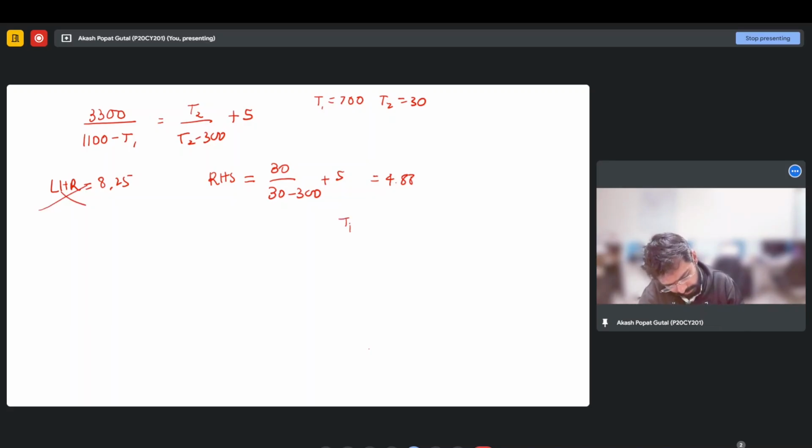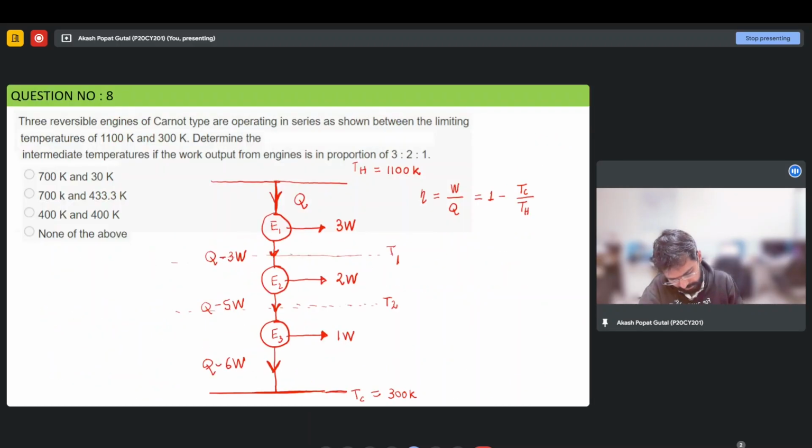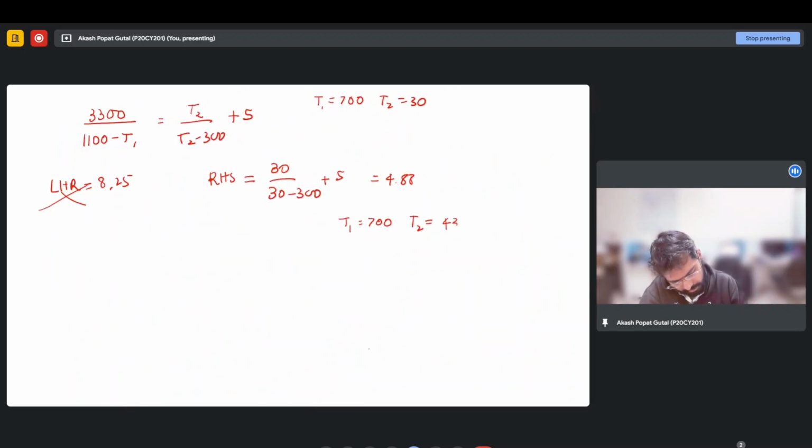For the second option, T1 is equal to 700 and T2 is equal to 433.3. We will have LHS equal to 8.25. RHS is nothing but 433.33 divided by 433.33 minus 300, plus 1.